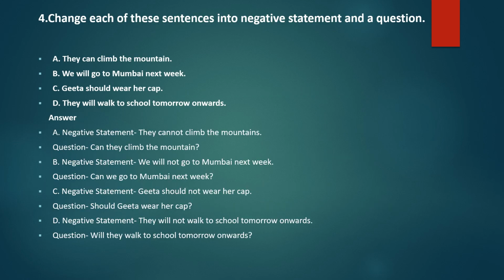So students, here is a new exercise. Next exercise, very interesting. Change each of these sentences into a negative statement and a question. The sentences are given here. So children, for a negative statement, first of all, what is the rule?